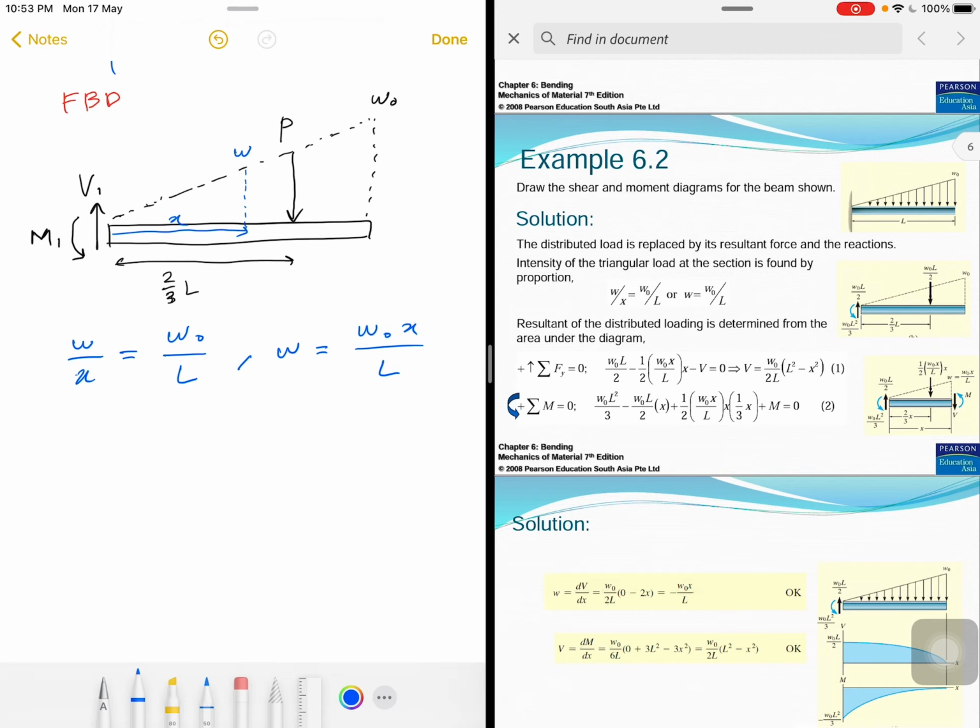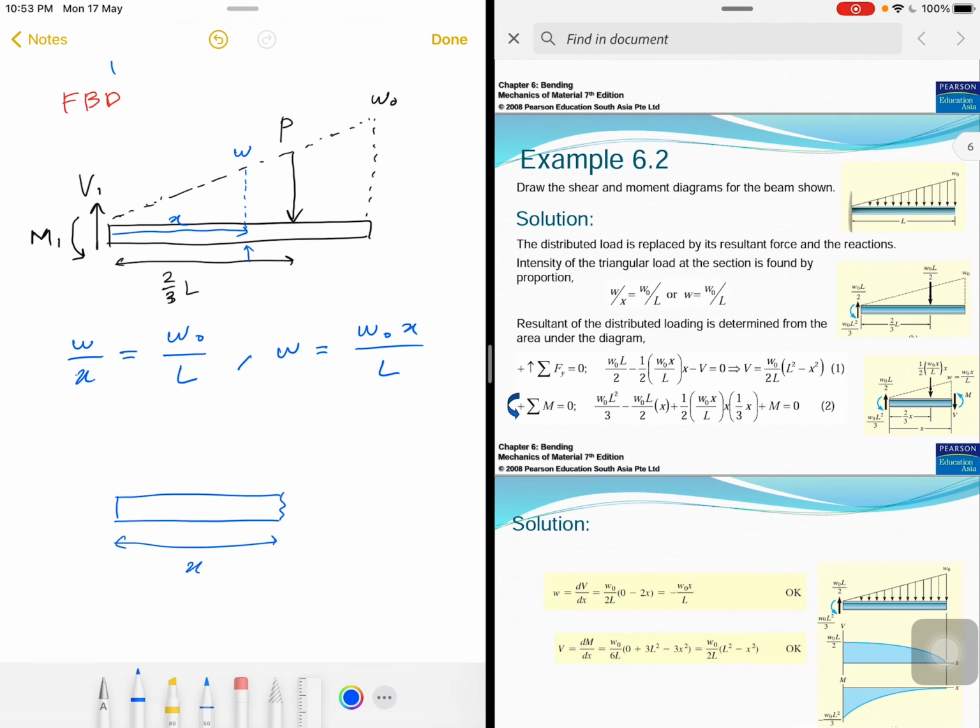This is because we want to examine the shear force within the beam. So we cut the beam. Sorry, my color is not consistent, but hopefully you understand. So we cut the beam somewhere, let's say at this value of X.